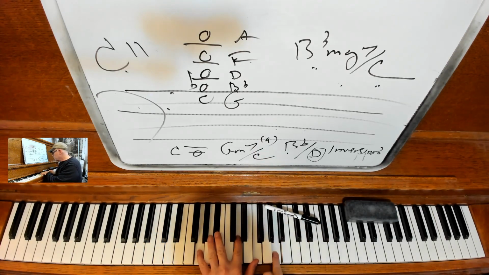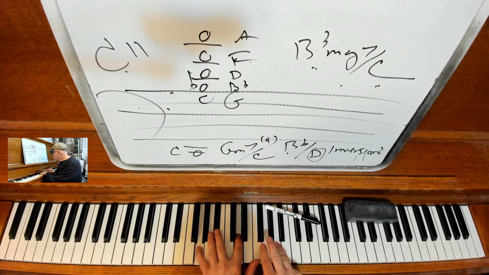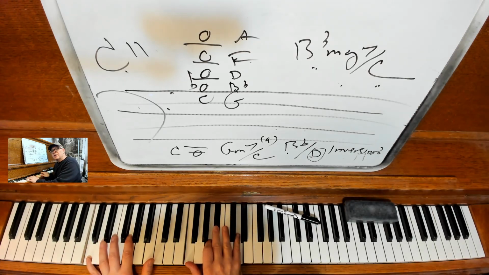And that ninth would be this note, and I would put that note down here, and I would get rid of the G. I would take the notes I have up here, the 7th and the ninth, bring them down here, and get rid of the G. That's what we call close position.